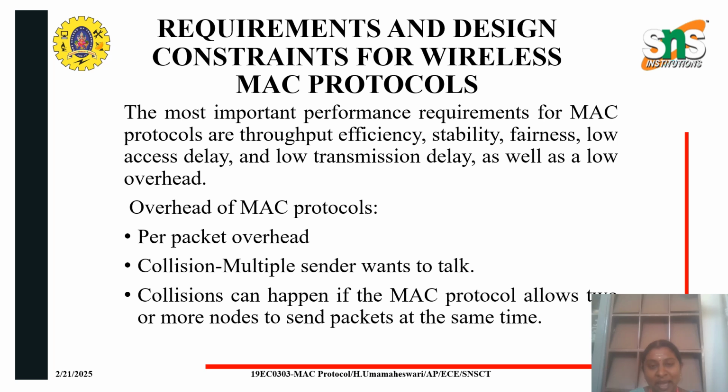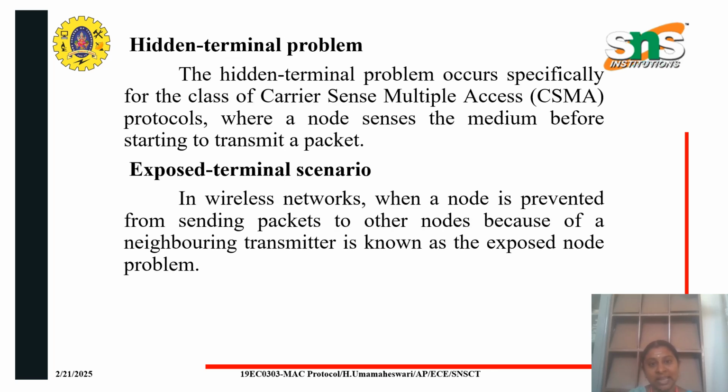The overhead of MAC protocols should be per packet overhead, and collision, where multiple senders want to talk. Collisions can happen if the MAC protocol allows two or more nodes to send packets at the same time.